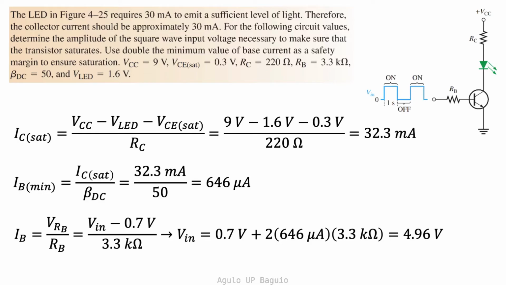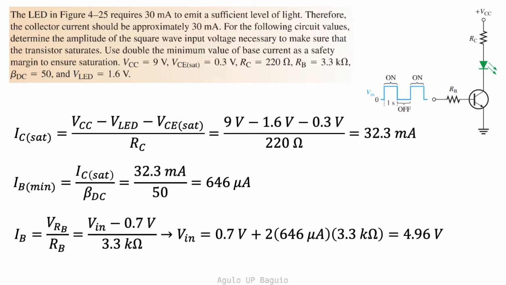In order to get the input voltage, we use this equation: IB is equal to VRB over RB. Now the voltage across RB is just Vin minus 0.7 volts, and RB is equal to 3.3 kiloohms. We now rewrite this equation in terms of Vin so that we can determine Vin.